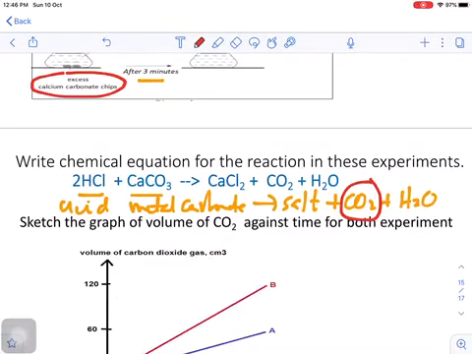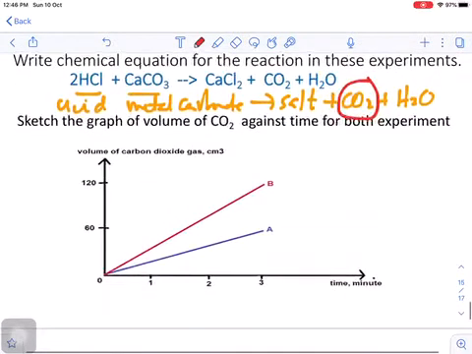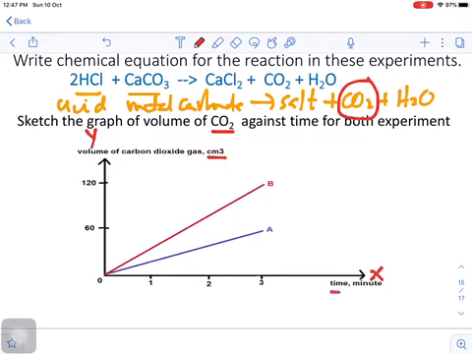Okay, next, sketch graph of volume of carbon dioxide gas against time for both experiments. We have set A and set B. Okay, so to sketch graph, make sure x-axis, y-axis are labeled, and you need the label for y, volume of carbon dioxide gas, unit cm cube, x is time, unit minute.